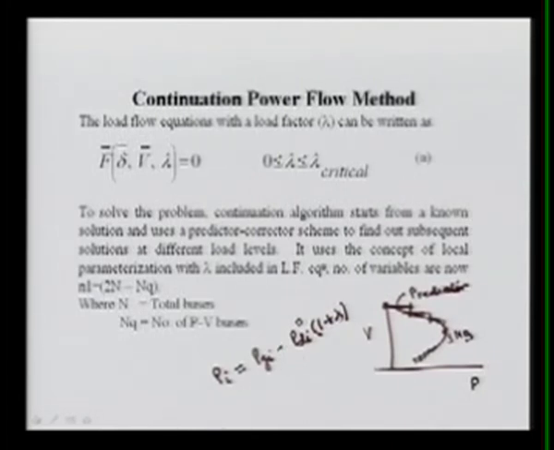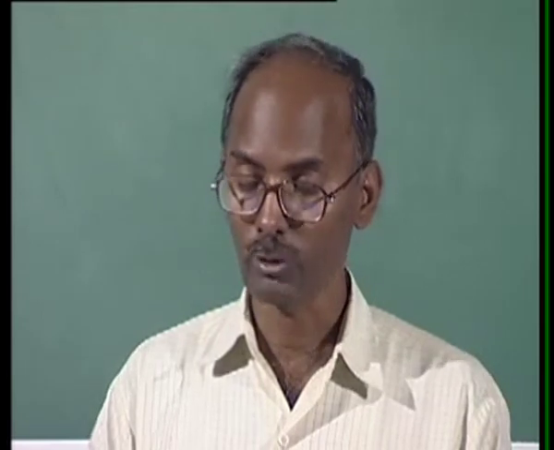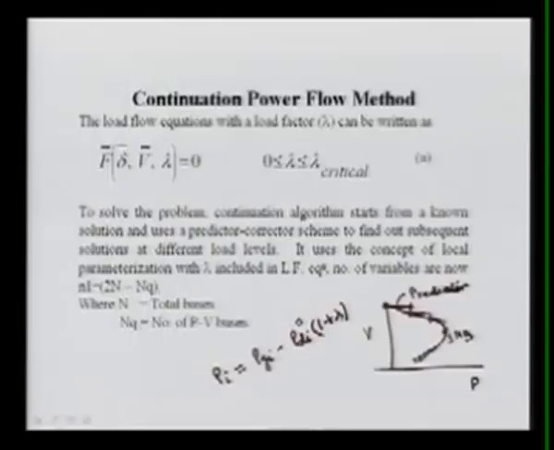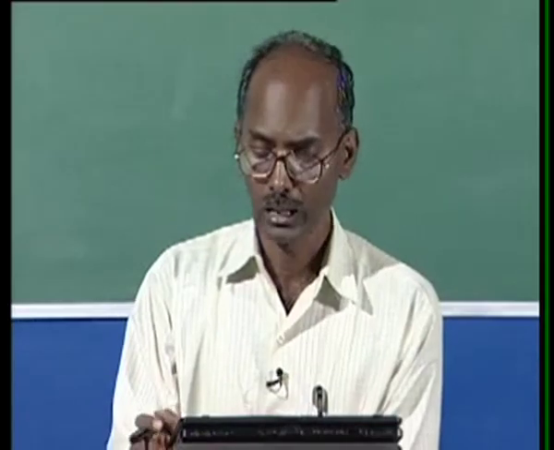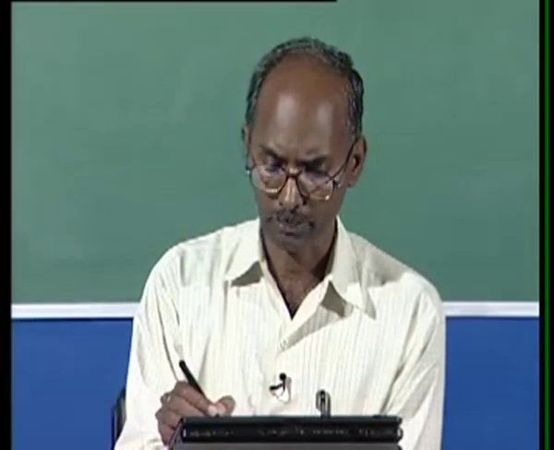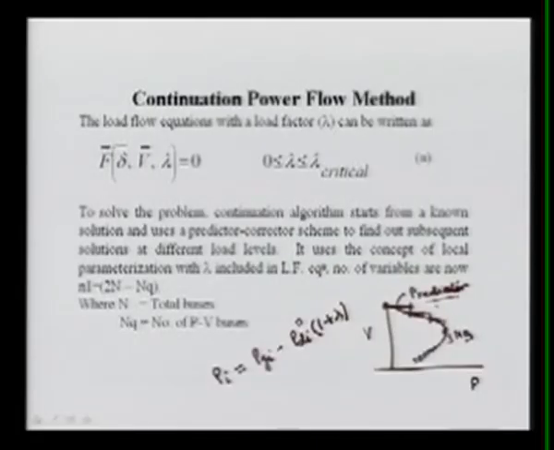So here your P injection will change, and then we have to solve for the voltages and the angles at the various buses in the system. In this continuation power flow program, we can calculate the voltage and angle as well, and the method applies the predictor step first and then the corrector step. I will explain these methods later on.